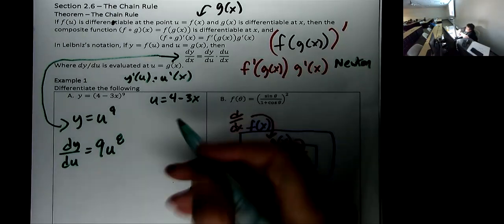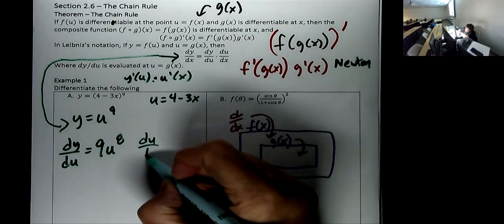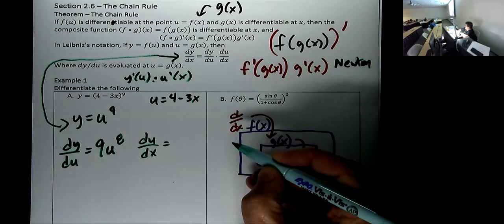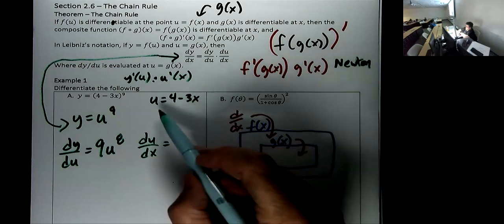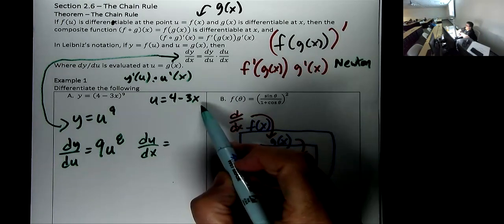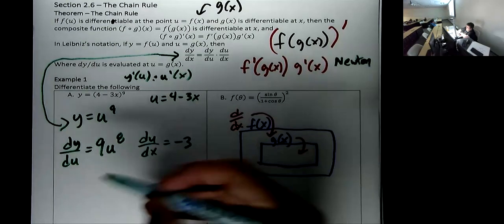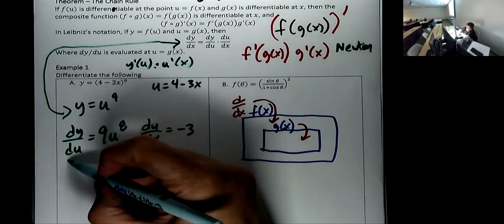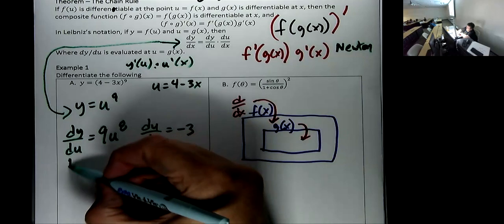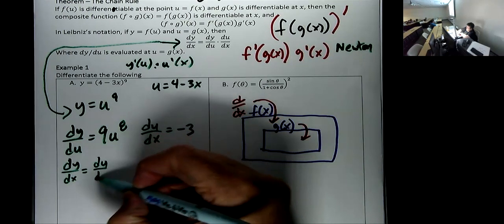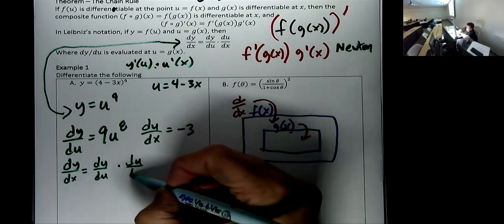What is du dx? Well, I have u right here, so it's -3. I'm going to do it both ways. If we use Leibniz notation, dy dx equals dy du times du dx.